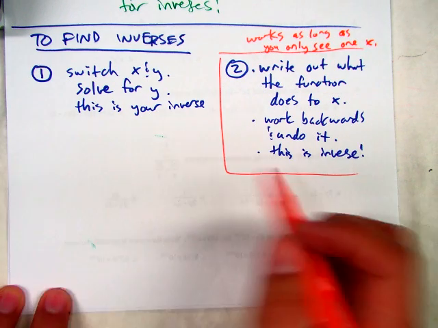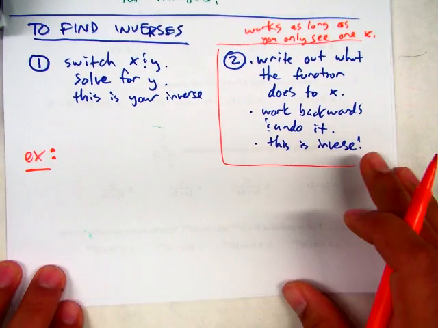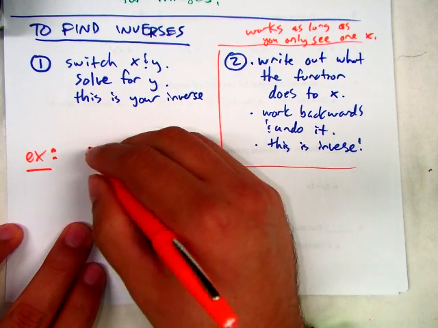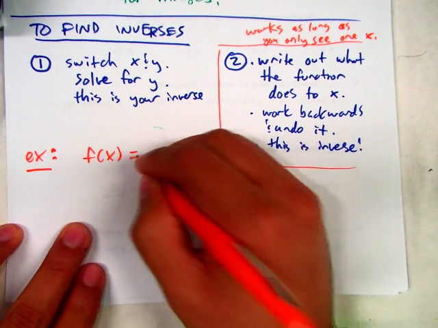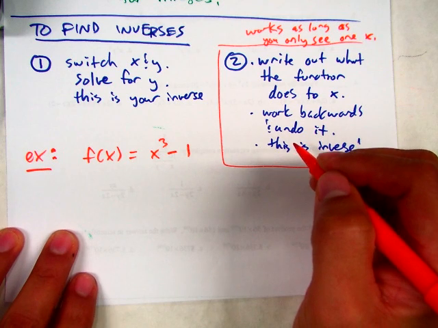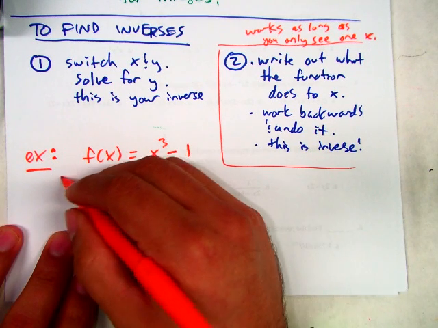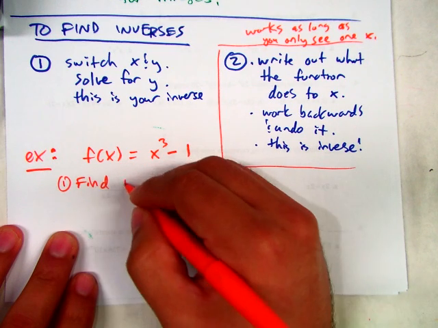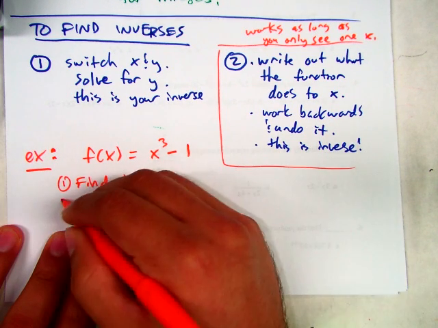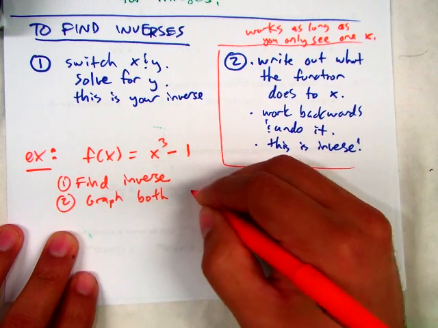So here's an example. We'll work it both ways, okay? Let's say f of x equals x cubed minus 1. And we want to do a few things. One, find the inverse. Two, graph both f and f inverse.